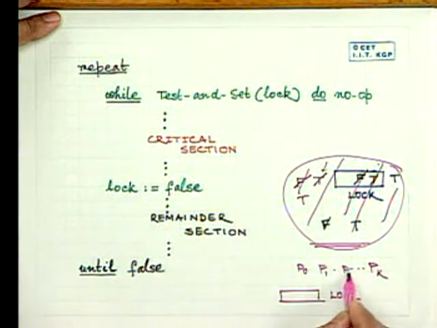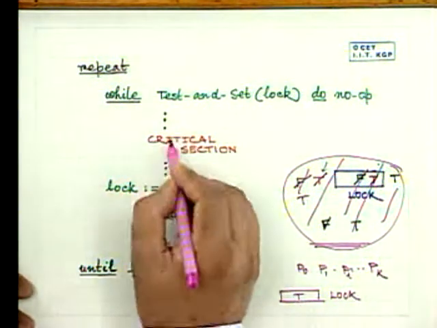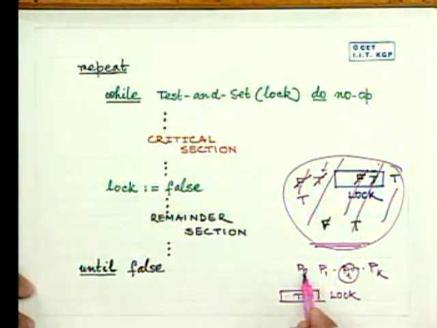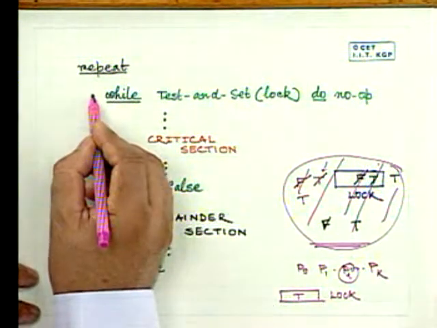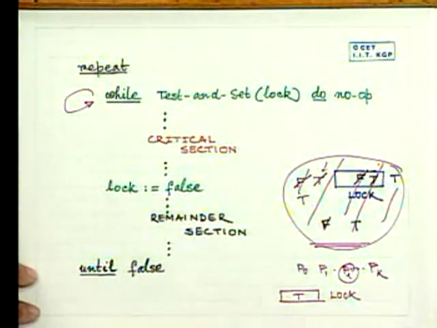One of these processes, a Pi, could sense it false, make it true, and enter its critical section. Then except Pi, all other processes P0, P1 to Pk will be waiting here by executing test and set. They will execute test and set, sense it to be true, and set it to be true, till Pi comes out of its critical section and makes this false.